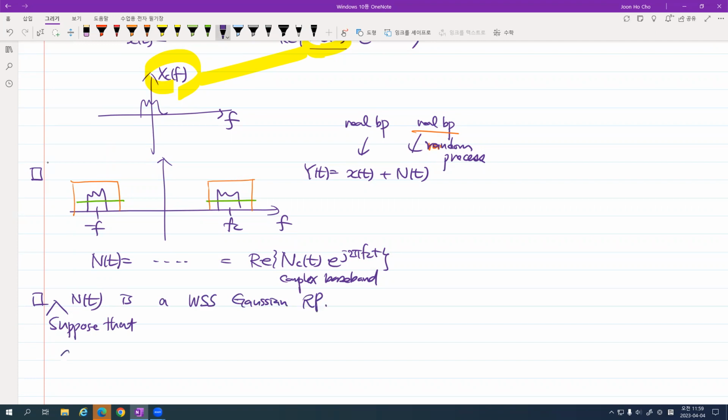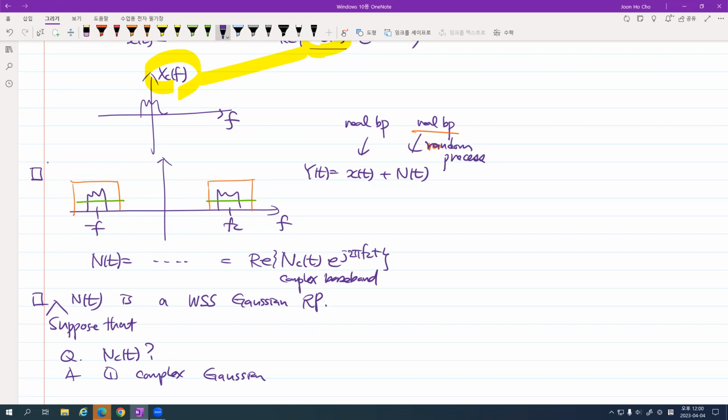Then my question is, what can we say about the corresponding complex baseband random process nc(t)? First, you can easily guess that this should be Gaussian, but complex Gaussian, right? So let me repeat. This is very, very important, okay?